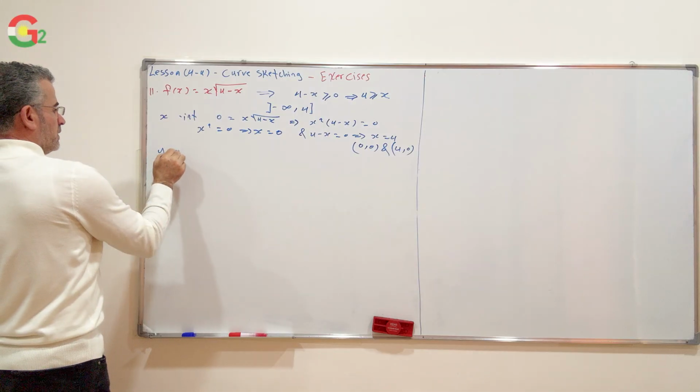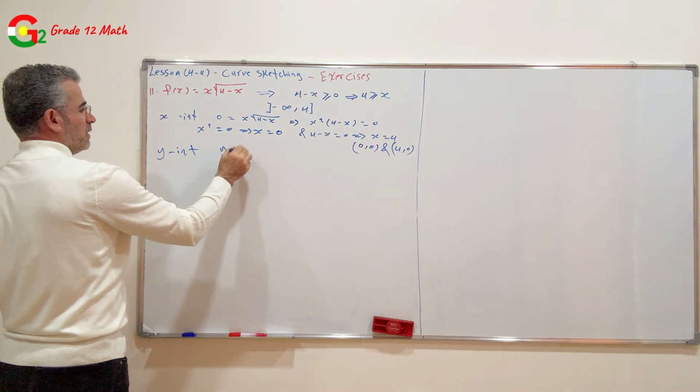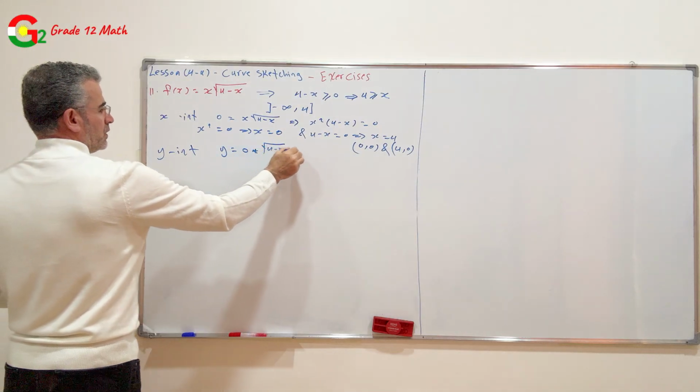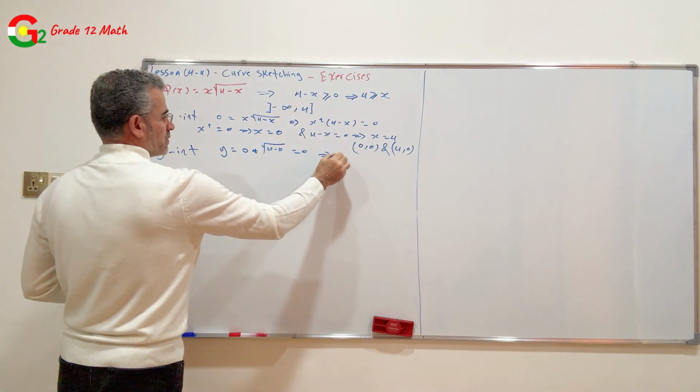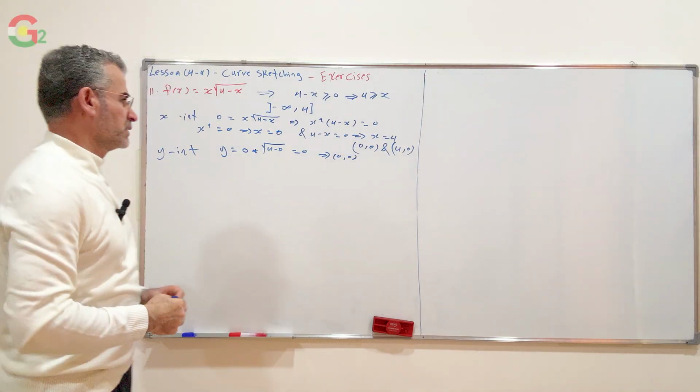For y-intercept, set x equals 0 and find the value: 0 times square root of 4 minus 0 equals 0. Therefore, (0, 0) is the only y-intercept for this function.